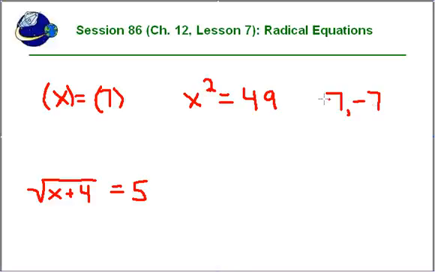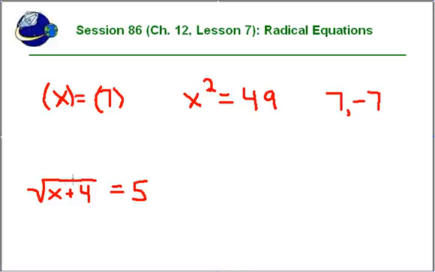The reason for that is whenever you have something squared, you introduce a negative number as a solution that may not fit your original equation. So whenever you have a radical equation, always take the answers that you come up with and double check them back with your original equation to make sure that they work.